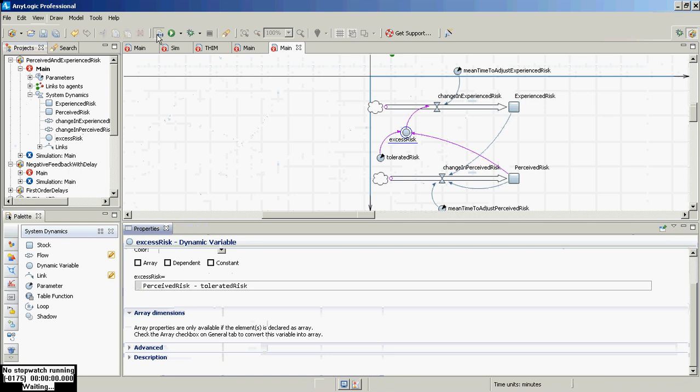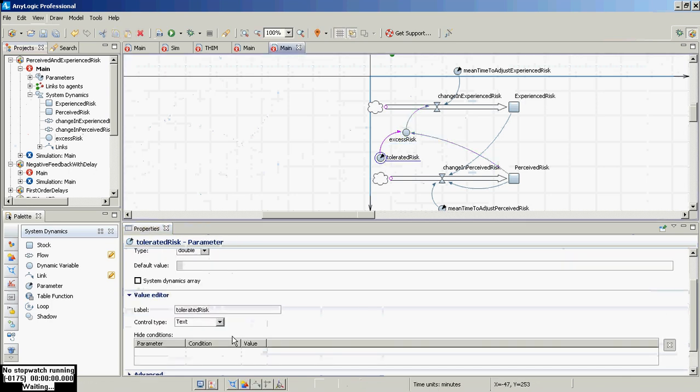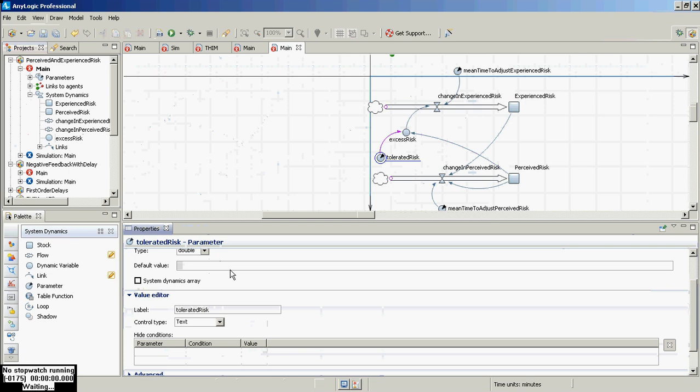Perceived risk minus tolerated risk. That's what the formula is. Okay. Now it's a happy camper. Tolerated risk, thank you. It needs a value. Tolerated risk will be 0.5. Thank you.